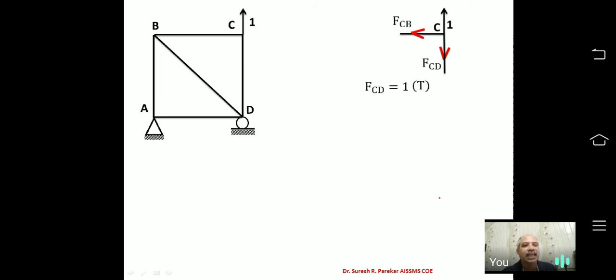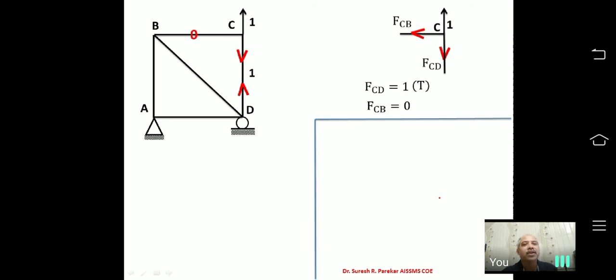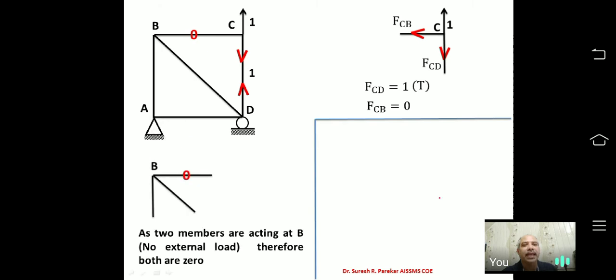So if you see carefully, we get joint C, and at joint C we have FCB as 0. And if FCB is 0, then you consider joint B. So we have only two members, FBD and FBA, and we do not have any external load or any reaction. So automatically the forces in members BD and BA become 0.